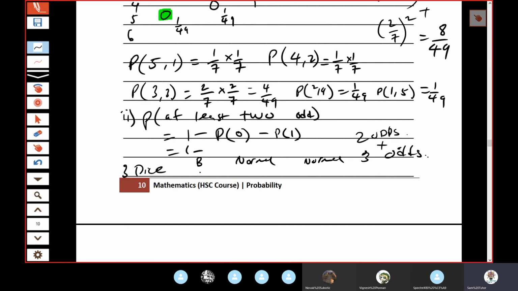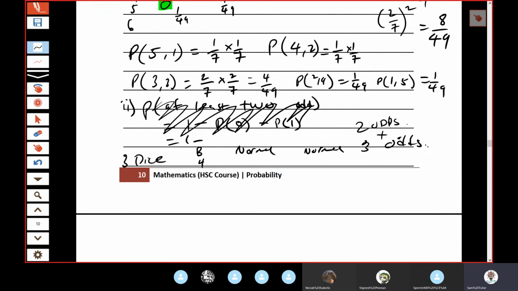For the normal dice, odd is half. Do we agree with that?